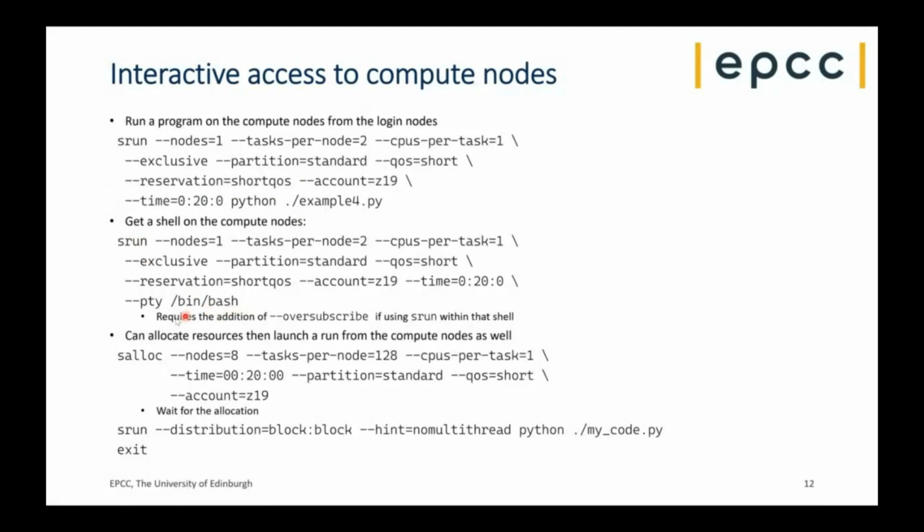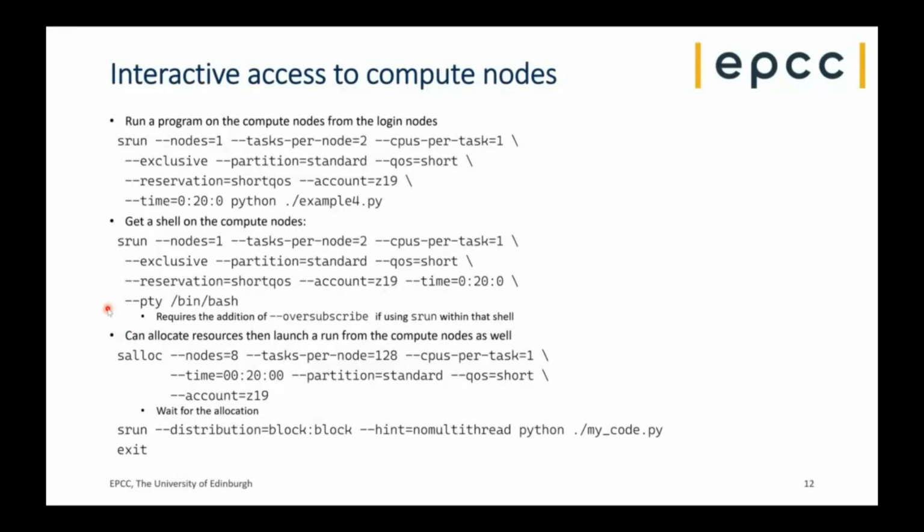You can also do an interactive login using this. Instead of running something like Python, you run Bash, and you can get directly onto a node itself, or the first node anyway. If you ask for multiple nodes, you get onto the first node. Slurm has lots of different functionality in it, so there's multiple ways of doing this.